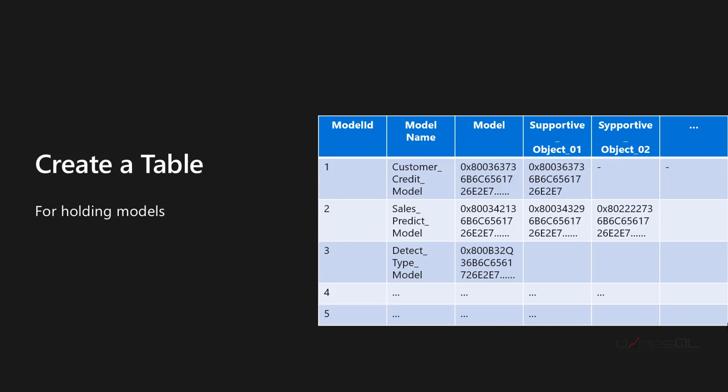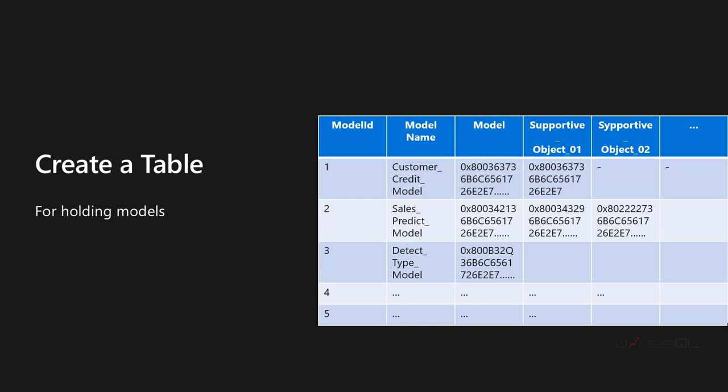In addition to the third column, you might have to create multiple columns for holding supportive objects related to the model. For example, let's say as a part of your experiment, you use a scale object for normalizing your numeric values. In order to predict, you need to make sure you use the same object you used for the experiment. So it has to be saved as well.